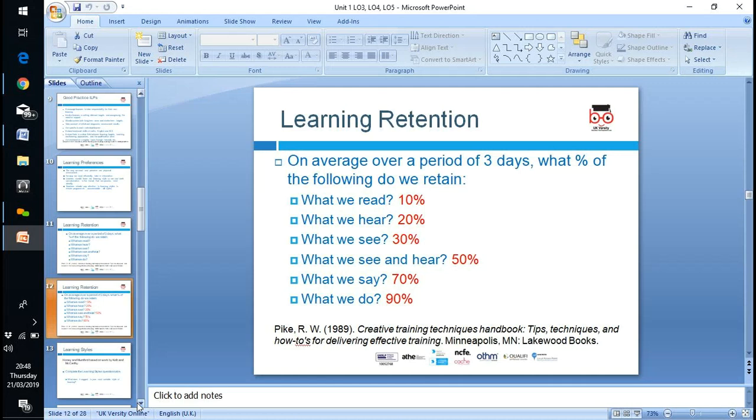So, on average, over a period of 3 days, the percentage of what we remember: what we read, about 10%, what we hear, about 20%, what we see, 30%. What we see and hear, 50%, what we actually say ourselves, 70%, and the things we do, we remember everything, basically.